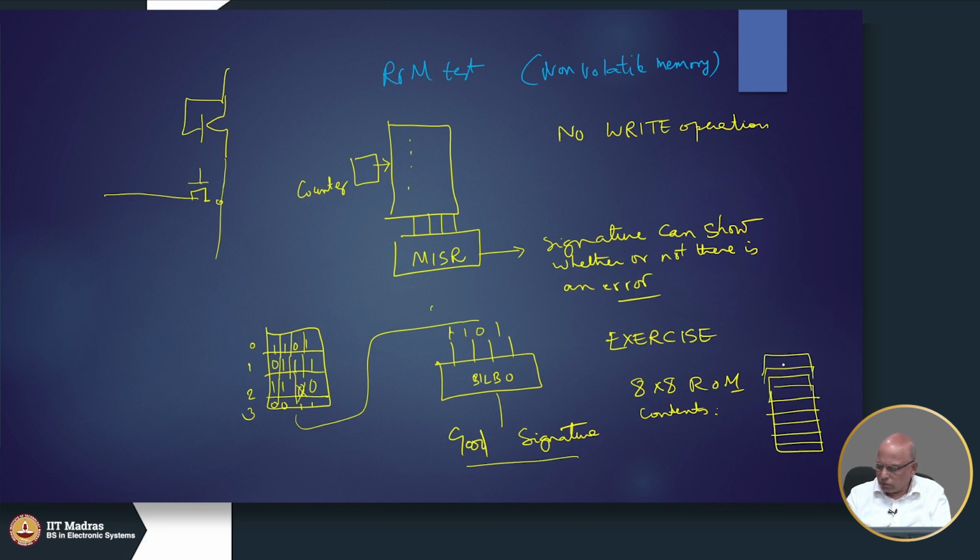Let us say the first location has, I will write in hexadecimal, AB, 01 C3, 02 B1, 03 A2, 04 and CC. So, this is the content stored in the ROM.